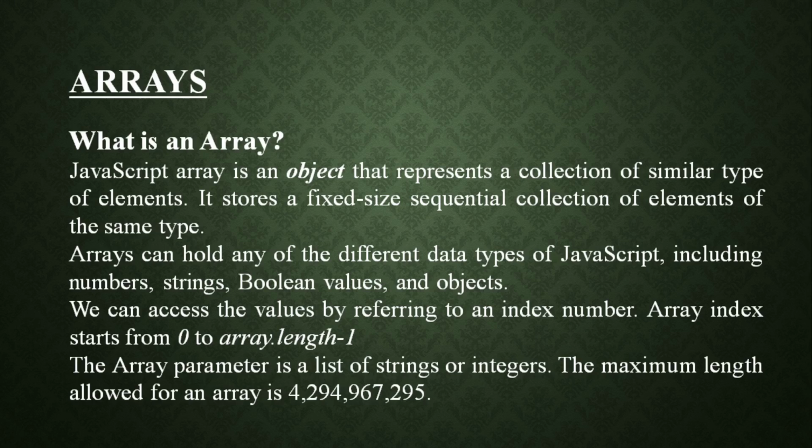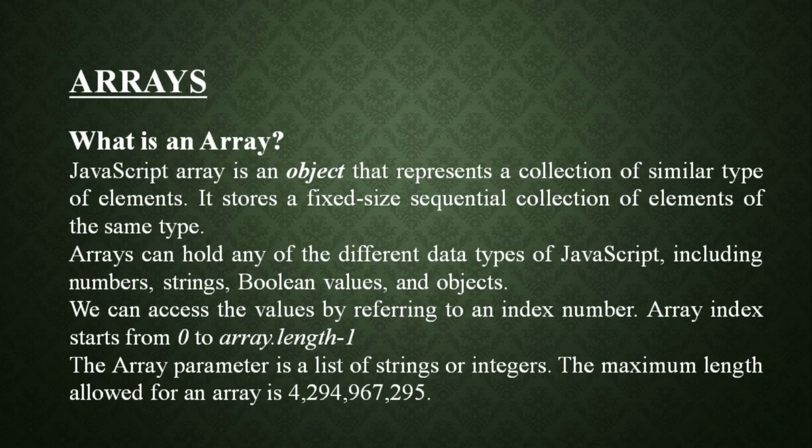What is an array? Why are we using this array? If I want to store the values sequentially, elements of the same type, then we use arrays. JavaScript allows us to create an object that represents a collection of similar type of elements. It stores a fixed sequential collection of elements of the same type.